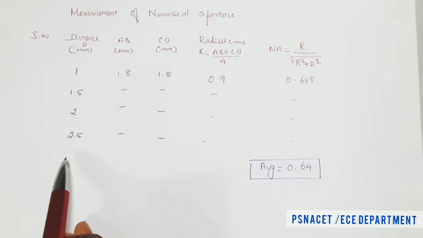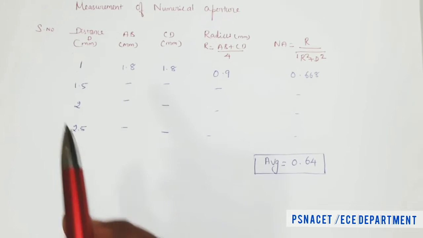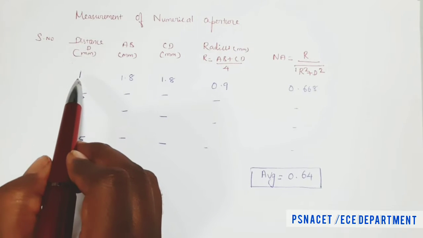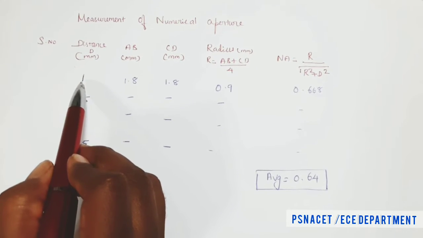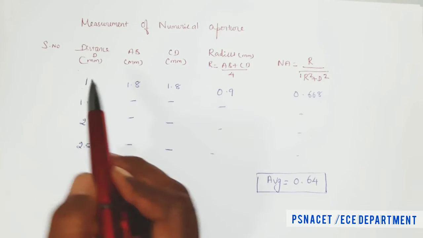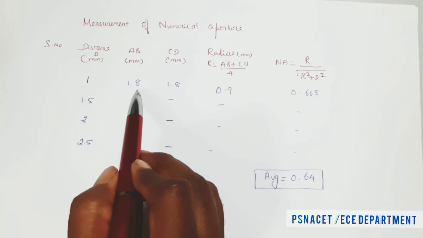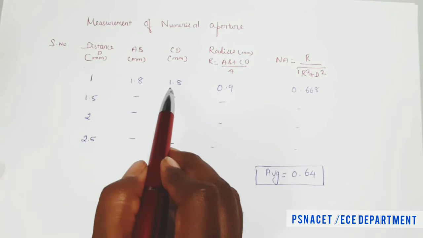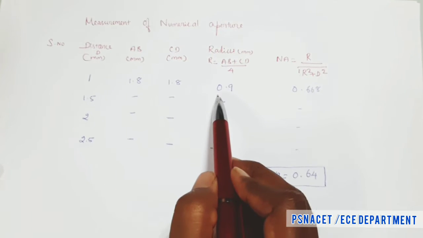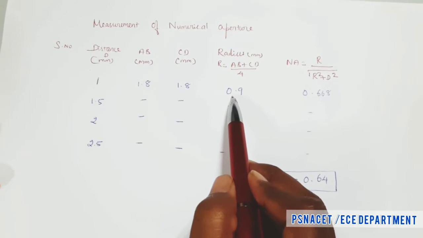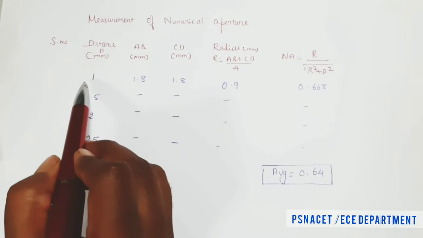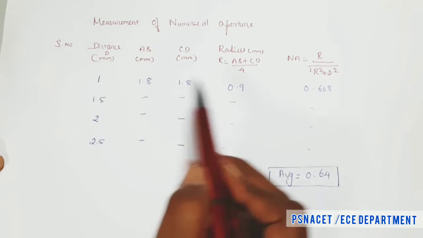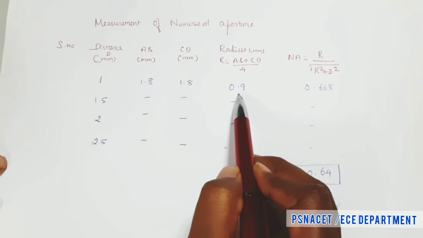So I have just noted down some sample readings. Let me consider the case of D as 1. For D equal to 1, I get the values of AB and CD as 1.8 and 1.8. Obviously, the radius will be equal to 0.9. So for D as 1, we get R as 0.9.